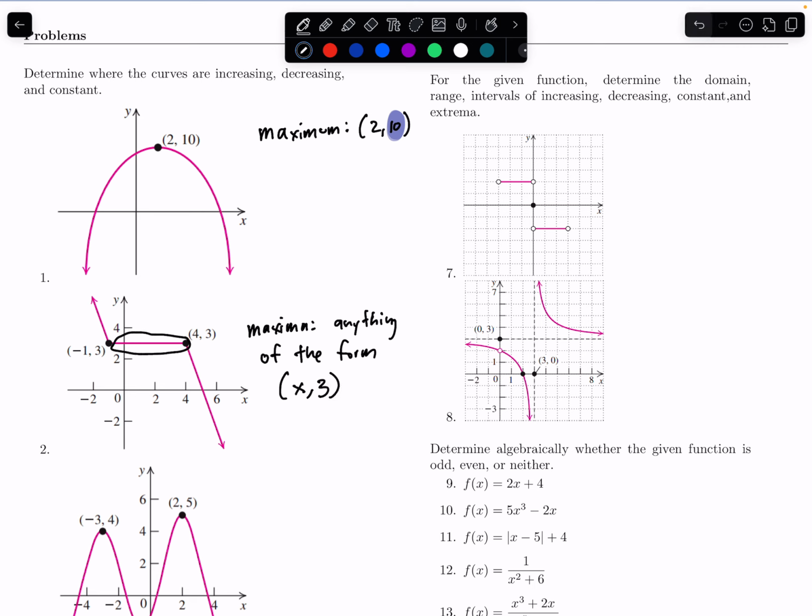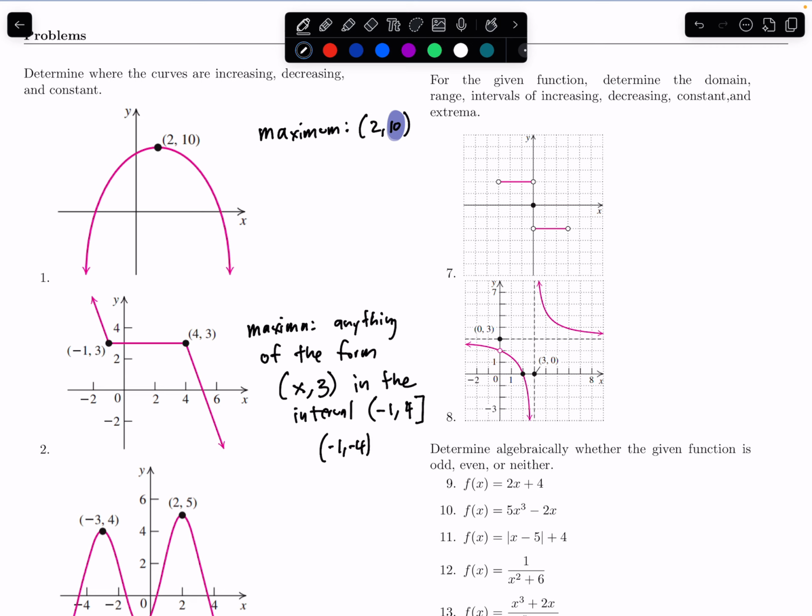Any of these points in this region, x, 3, in the interval. Remember, not including that -1, but we are including this point because that point is a maxima. So that would be -1, 4, and this time we include the 4. So close bracket.